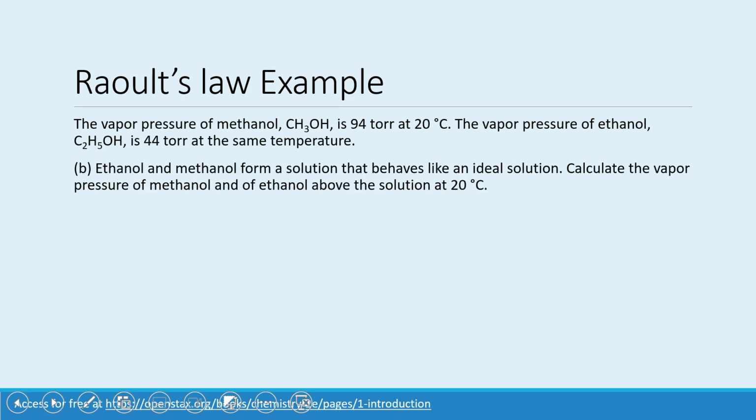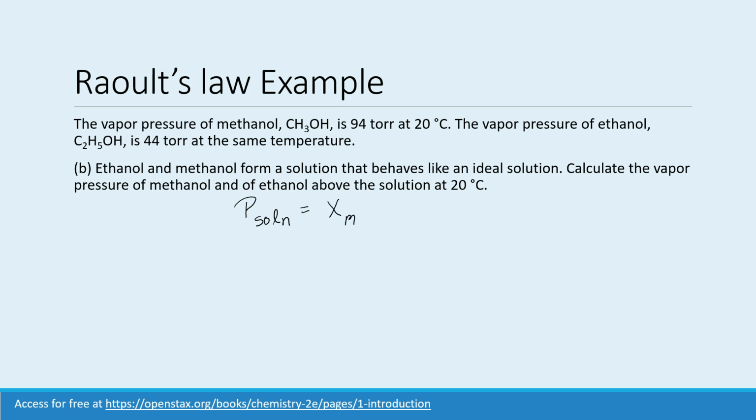Okay, so in the next question, it is asking us to calculate the vapor pressure of methanol and of ethanol above the solution. Okay, and I also would like to look at what the vapor pressure of the total solution is. So if we want to look at the vapor pressure of the total solution, then we're going to need to add together the two vapor pressures of each individually.